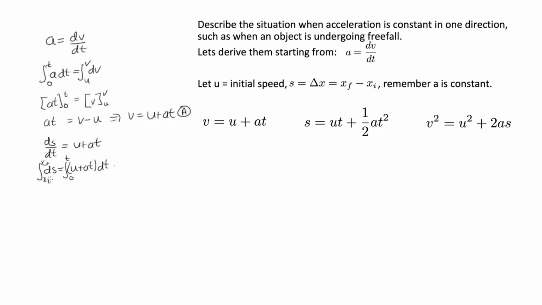So when we integrate, we get x final minus x initial, which is how we're defining our s. So that's equal to s, and then this side we're integrating, and we get ut plus, when we integrate this, a half at squared, evaluated at 0 and at t. So we've got s is equal to ut plus a half at squared. So we've now managed to get our second kinematic equation. So let's call that one b.